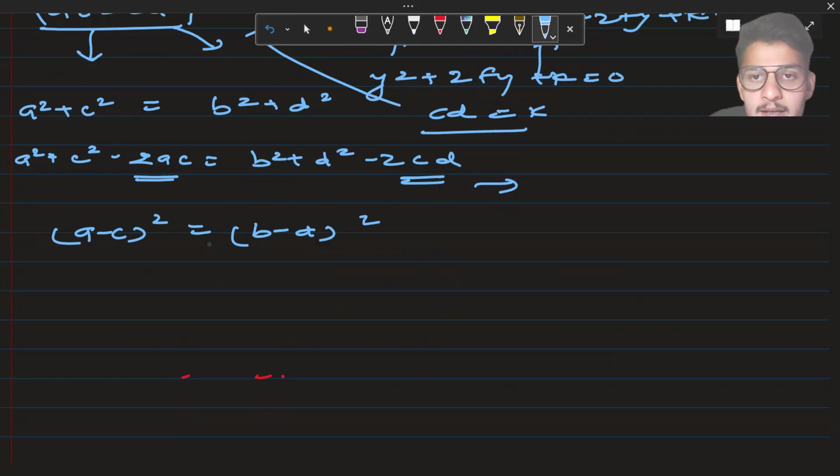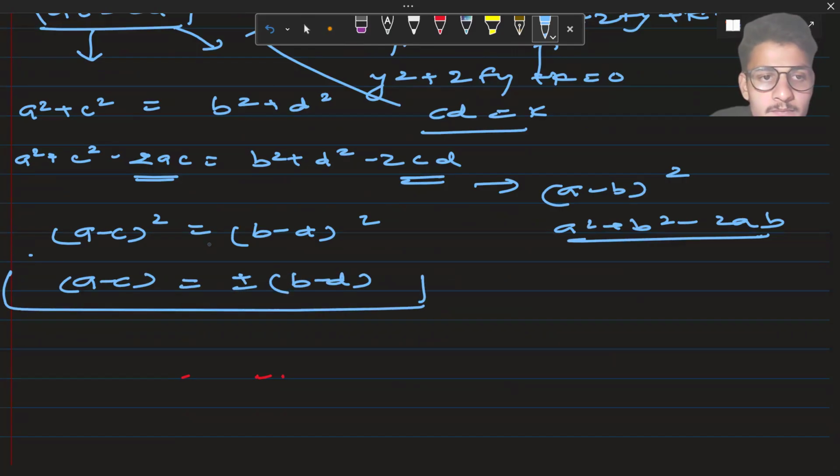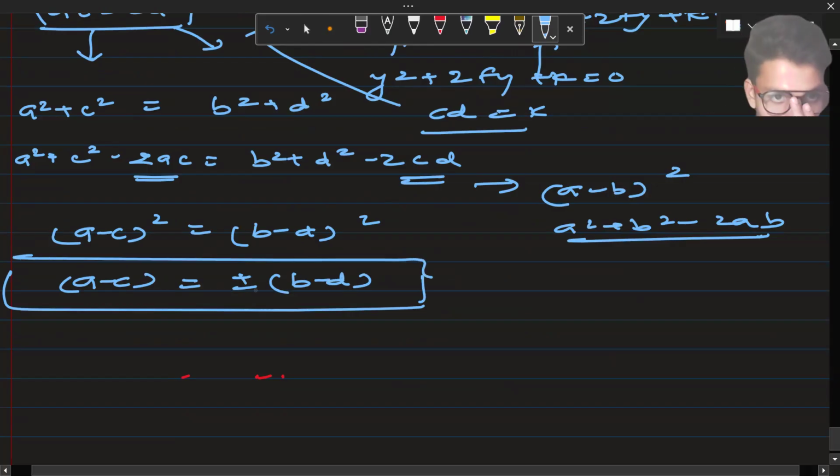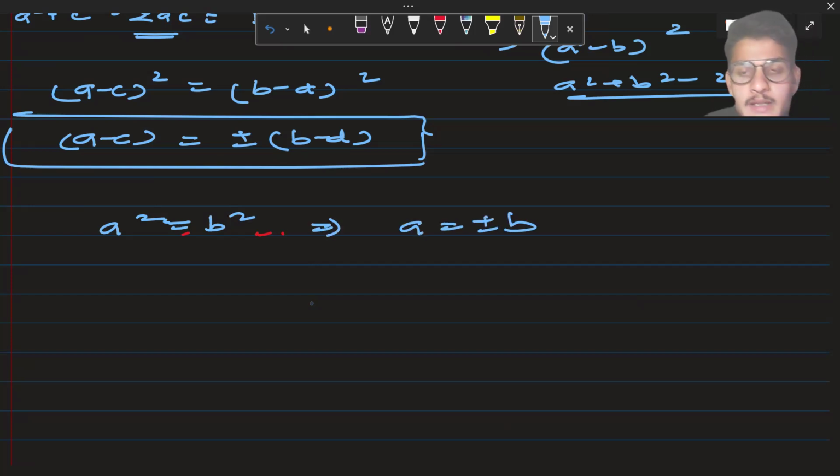Do you remember this identity that (A minus B) whole square is A square plus B square minus 2AB? So when you remove the square sign, this will be the answer. Do you remember this, that if a square is equal to b square, this modulus function, then a becomes plus minus of b?